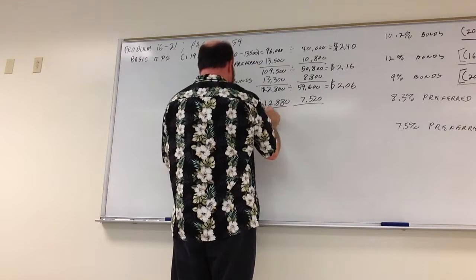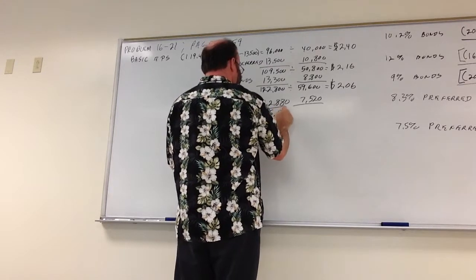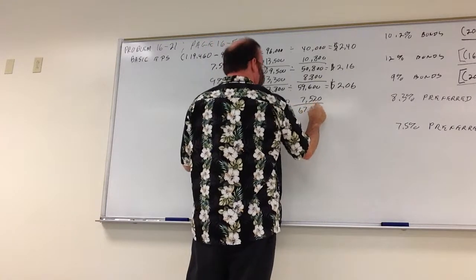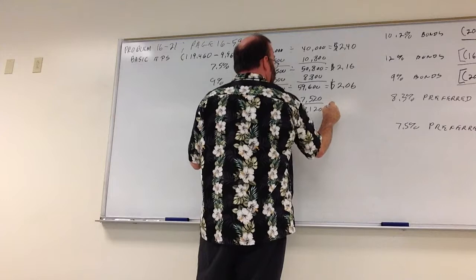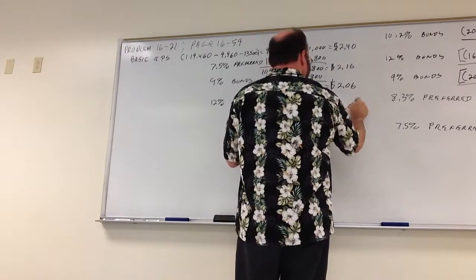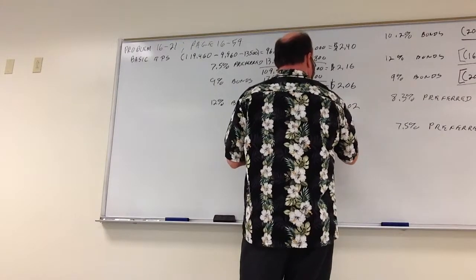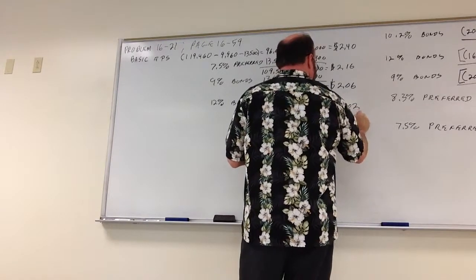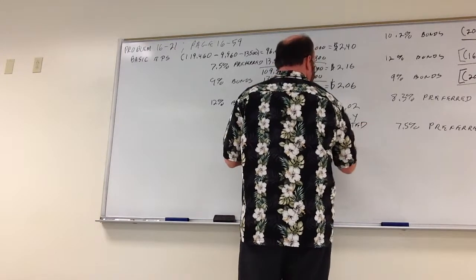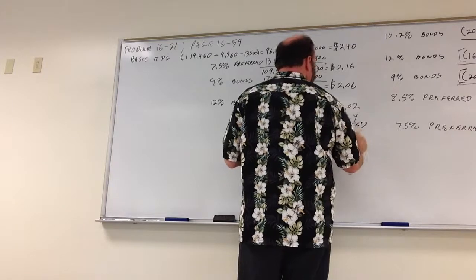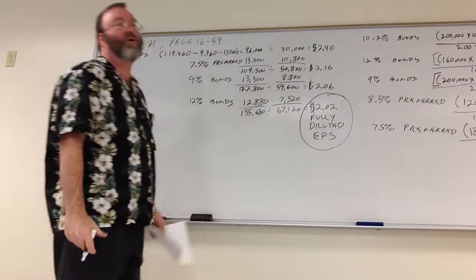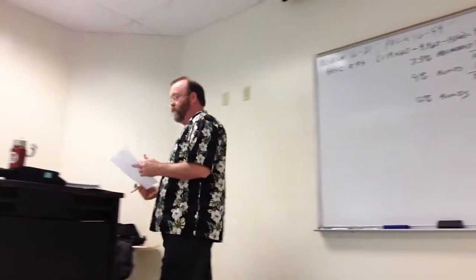That gives us 135,680 divided by 67,120, or a $2.02 fully diluted earnings per share. And that is the number that we will report on the financial statement.